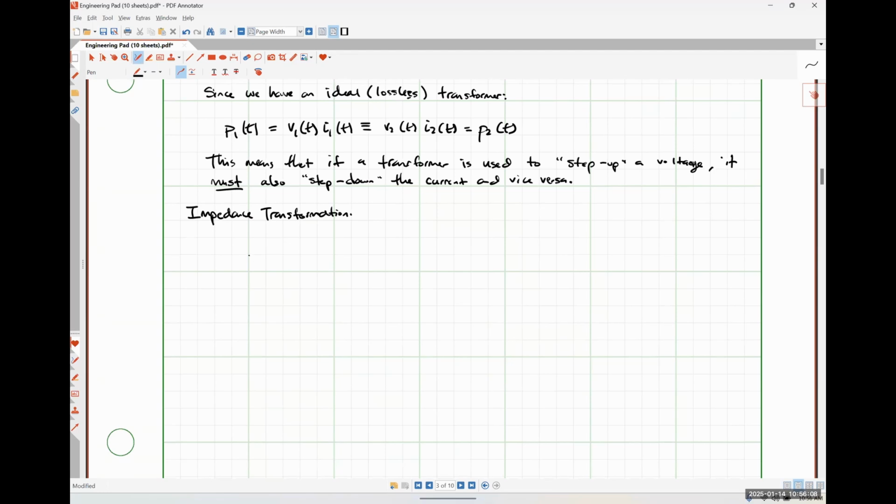So let's say that I have the following simple AC circuit. I've got some kind of excitation source connected to the primary windings of my transformer. So this is going to be my voltage V1.